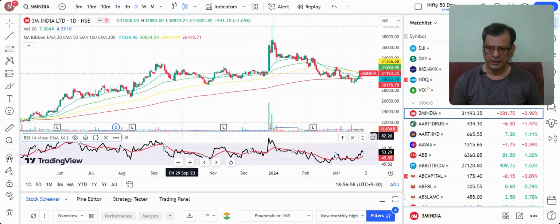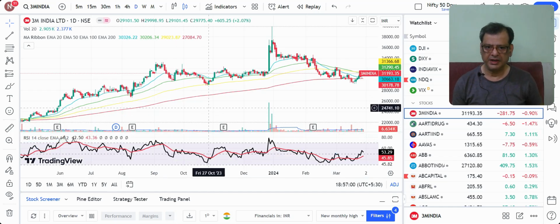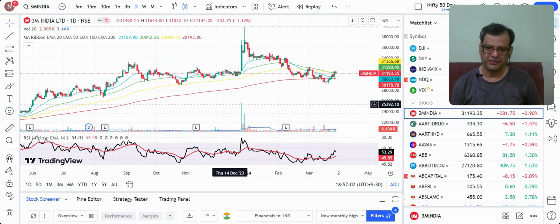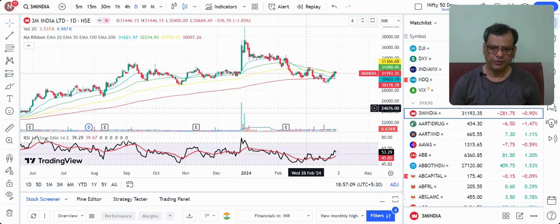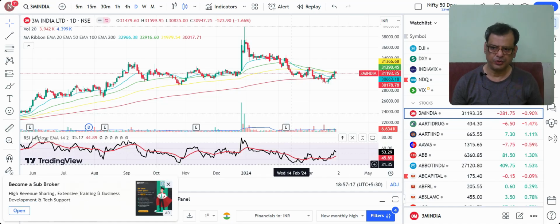So normally, how market traders read the RSI is that when a security, for example, if you see the security is going down here and it's close to the 30 line. See, if I keep my cursor here, RSI is showing as 35, right?